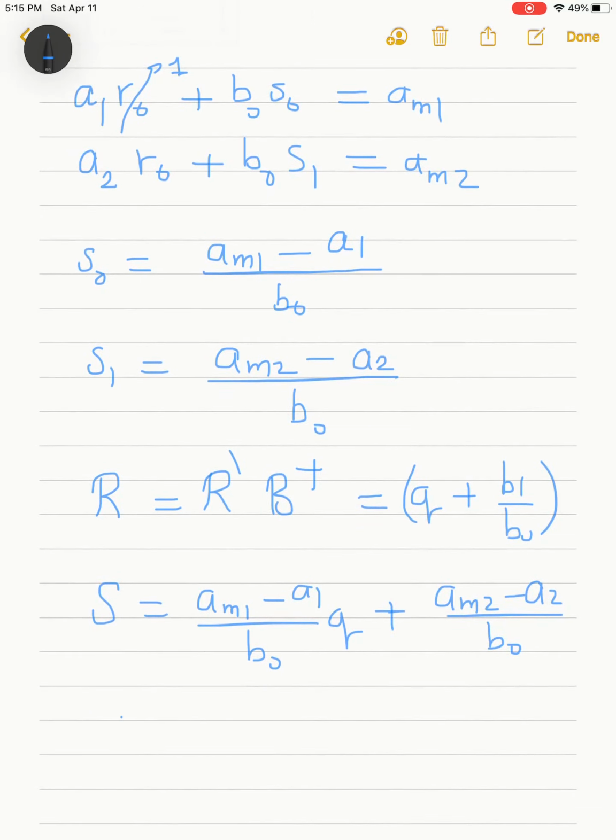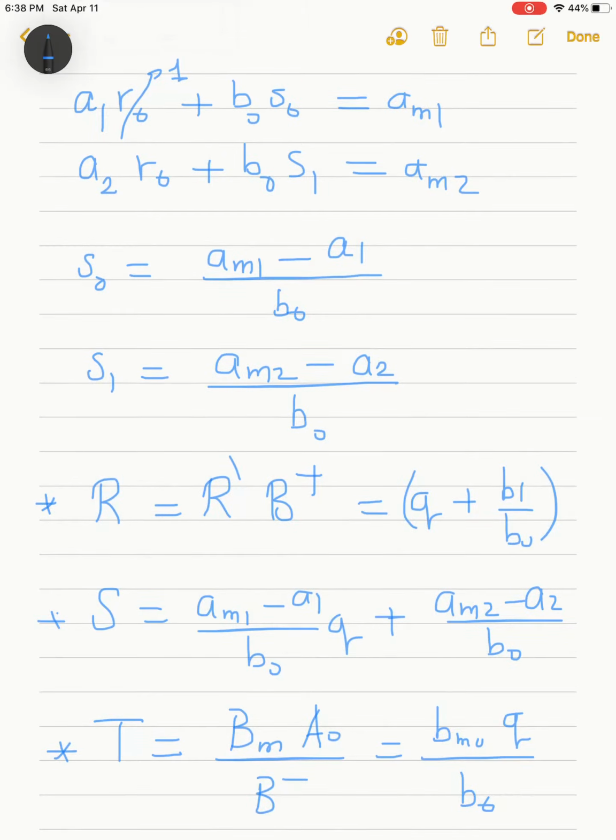I still have to calculate the polynomial T, and as we know, T is equal to bm times a node divided by b minus. So that would be bm node q divided by b node. So once I get R, S, and T, the pole placement design is complete.